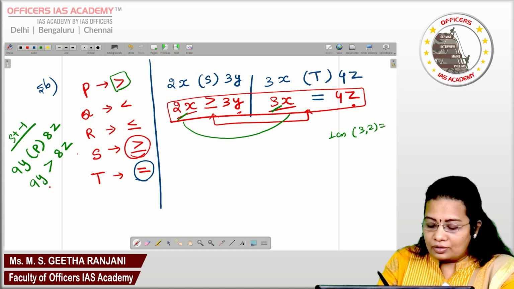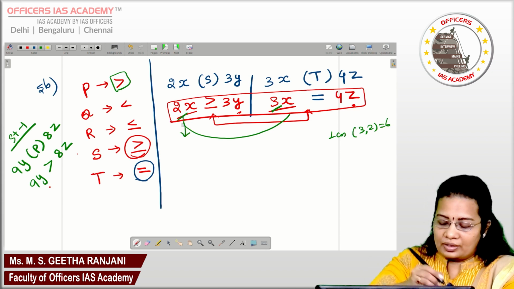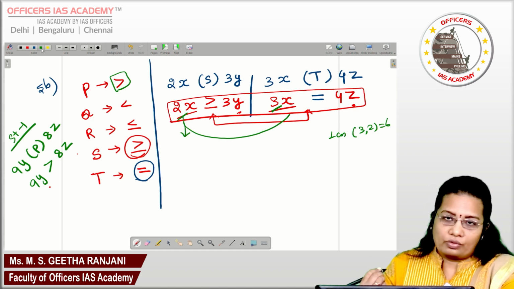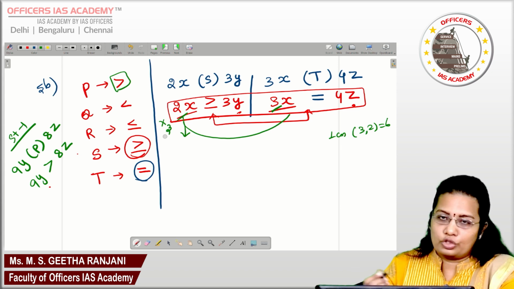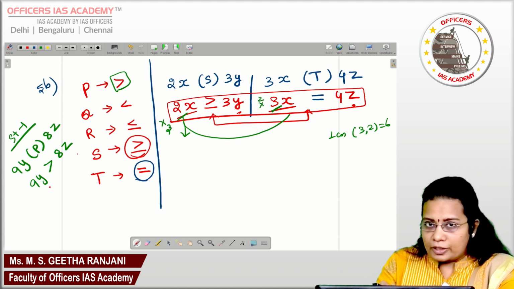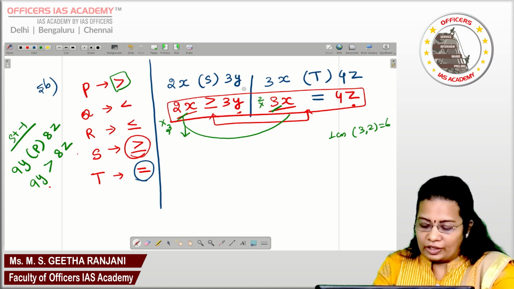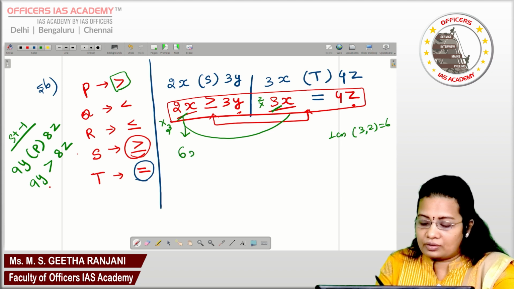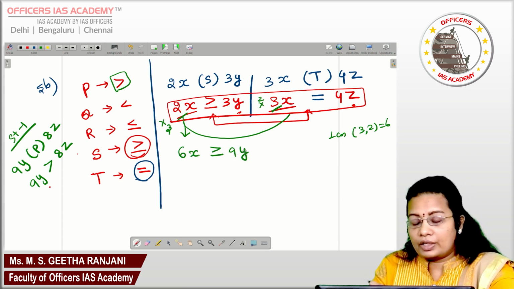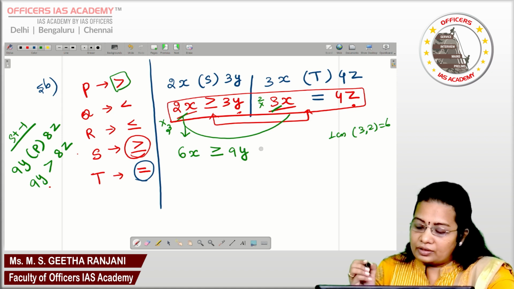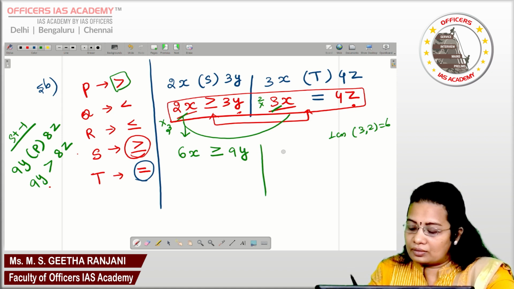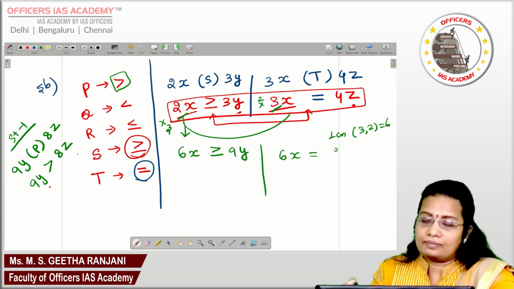So to bring this 2x to the coefficient 6, we want to multiply the term with 3. Here we want to multiply the term with 2. The entire expression we want to multiply with 3. 3 into 2, 6x, which is greater or equal to 3 into 3y, 9y. And this side, 2 into 3x, 6x, which is equal to 2 into 4z, which is going to be 8z.